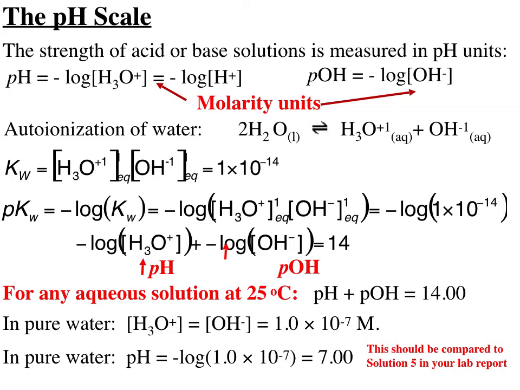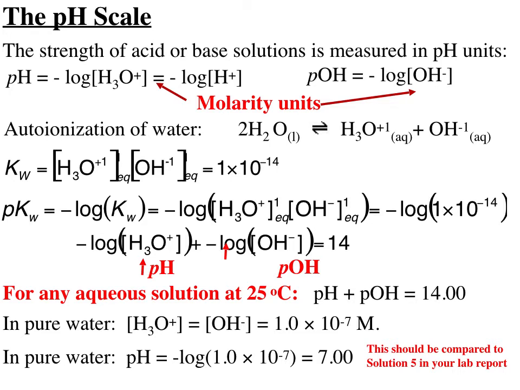So when this comes to equilibrium, these two numbers are equal and their product is 1 times 10 to the minus 14. So the equilibrium concentration of either the hydronium or the hydroxide must be the square root of 1 times 10 to the minus 14. And I can even do that in my head.